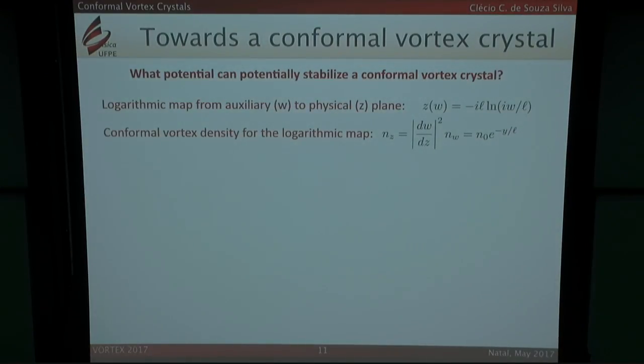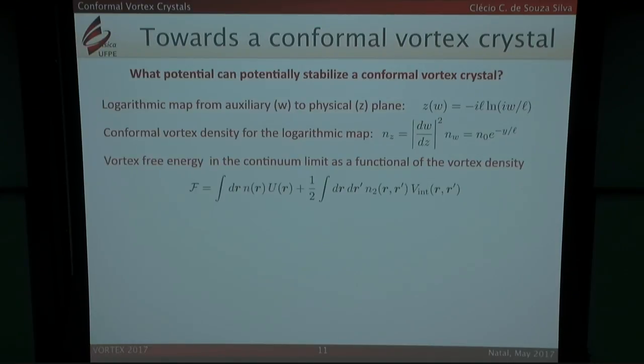So the idea is to check if vortices can form those kinds of structures. The first step is to compute the density profile of vortices for this kind of conformal transformation. Then we use a simple continuum approximation for the energy functional of vortices. This is the density, this is the potential, this is the interaction potential.